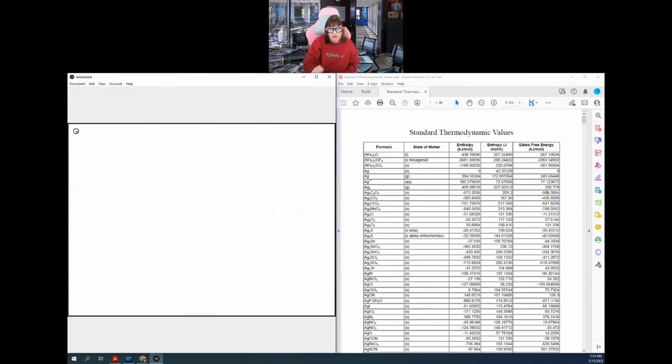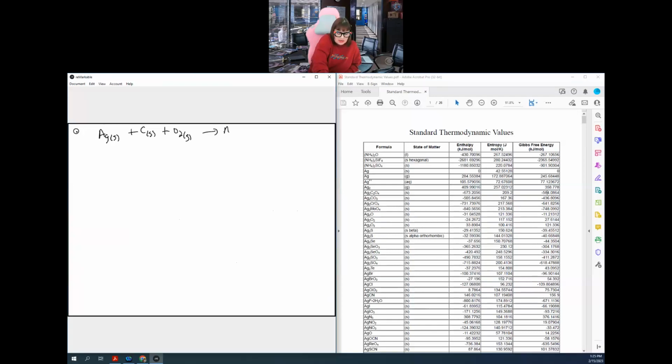We are asked first to calculate the entropy for the formation of Ag2C2O4 from Ag, C, and O2. So I'm supposed to take Ag solid plus C solid plus O2 gas.